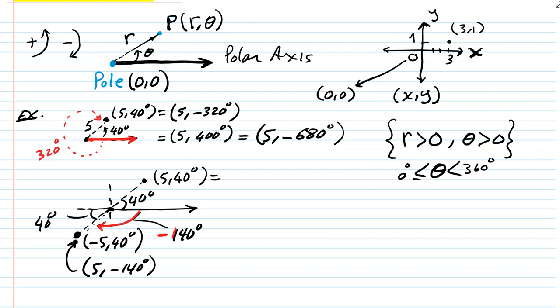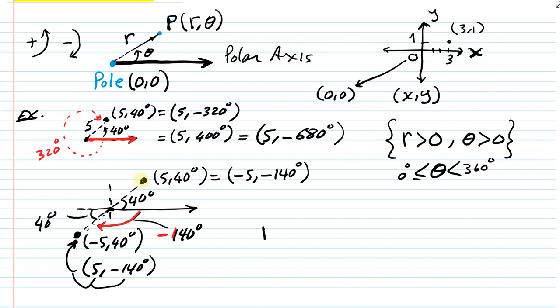If I think of the point now as positive 5 and measure of angle negative 140 and reflect 180 degrees across, so I'm going from here and reflecting across, what I am going to get here is the point negative 5 and negative 140 degrees. Isn't that cool? So you can kind of see again how many different ways we can represent the coordinates of a point in polar.